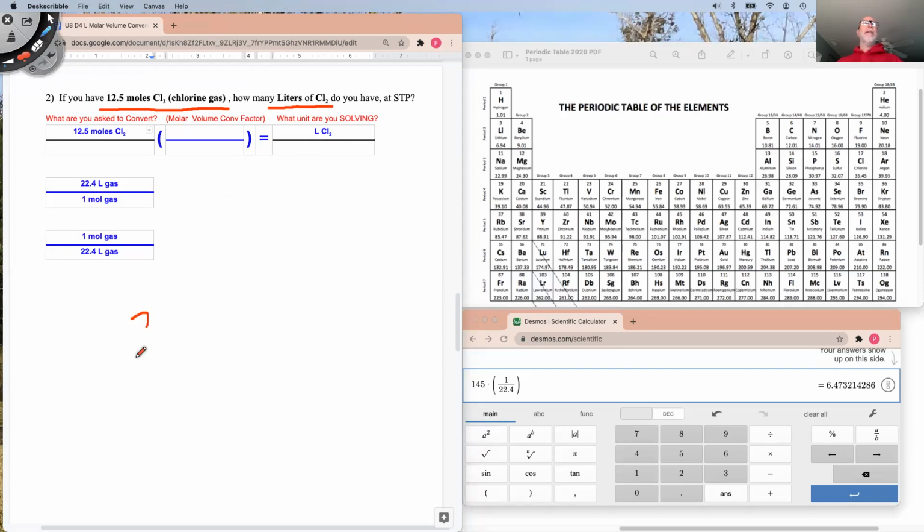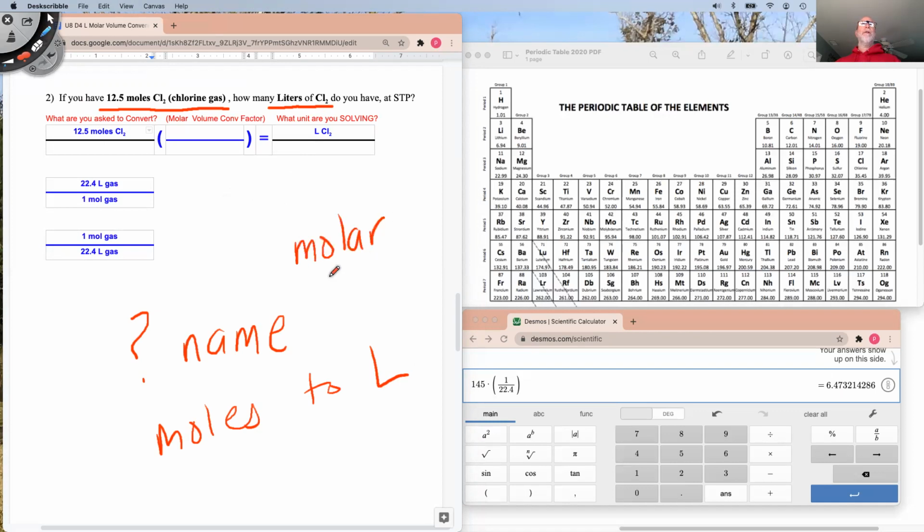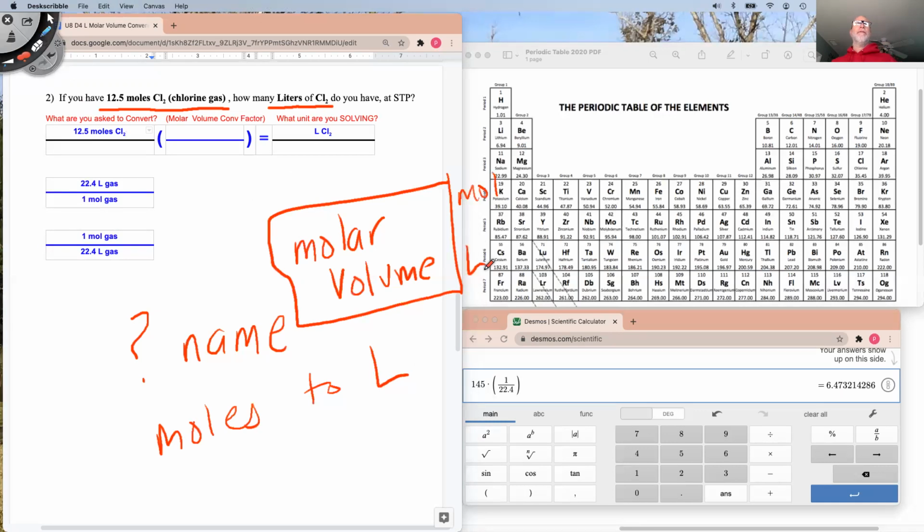What is the name of a conversion factor that allows us to convert from moles to liters? That's right, kids. The name of the conversion factor is molar volume, because it allows us to convert moles to volume, liters, right? Moles to liters. So here's our example right over here.